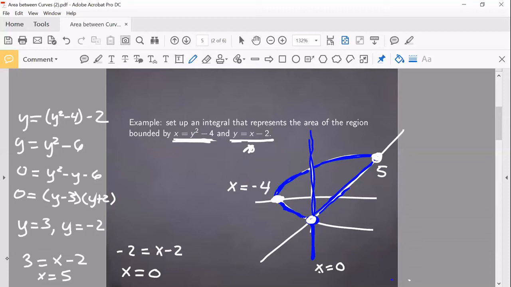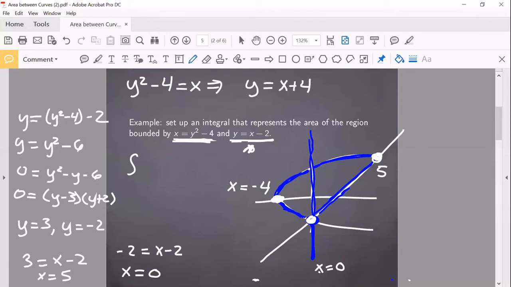So from here, I can now set up an integral that represents the area. To the left of x equals 0, it's the upper part of the parabola minus the lower part of the parabola. So I need to solve for y in my equation. I have y squared minus 4 equals x. I'm going to solve for y. So y squared is x plus 4.